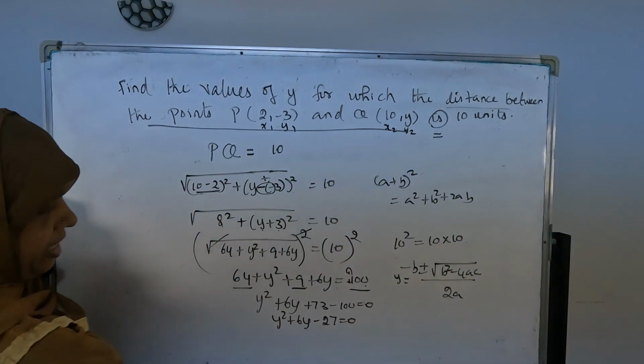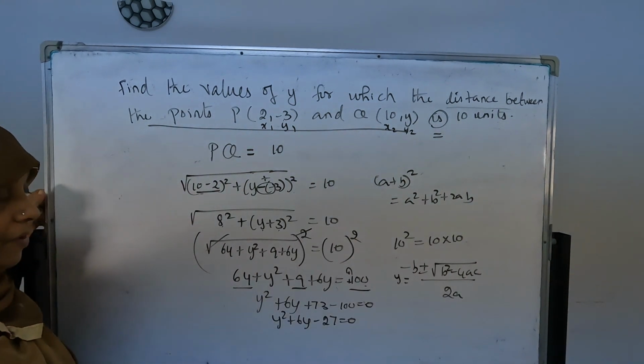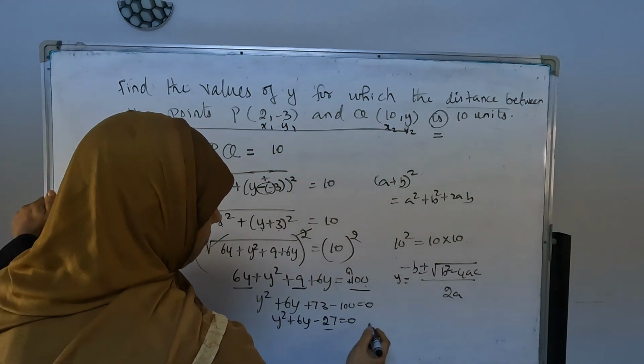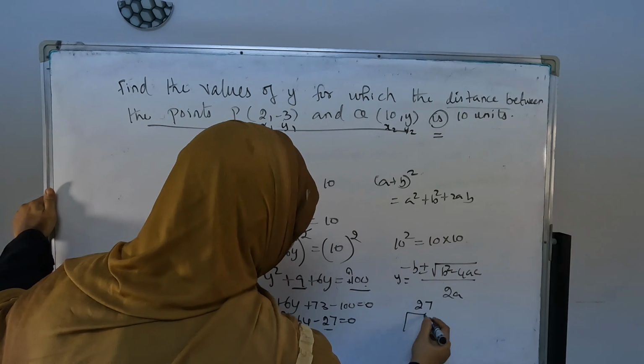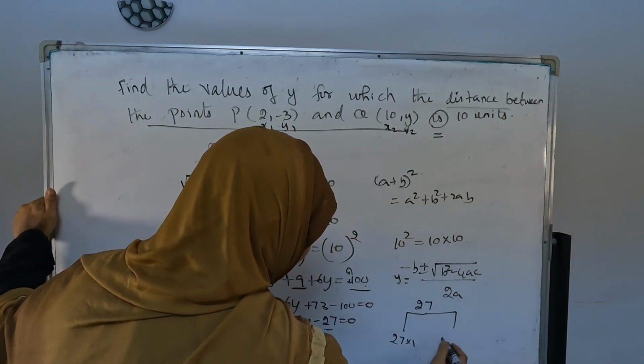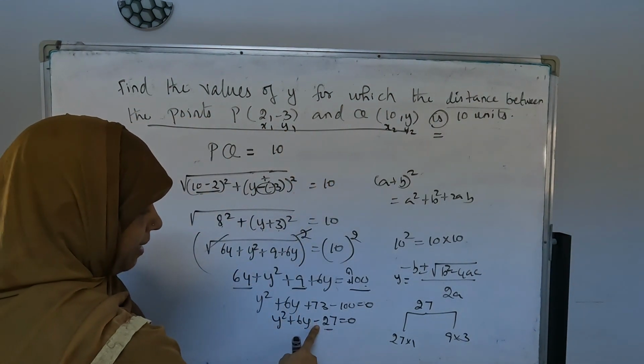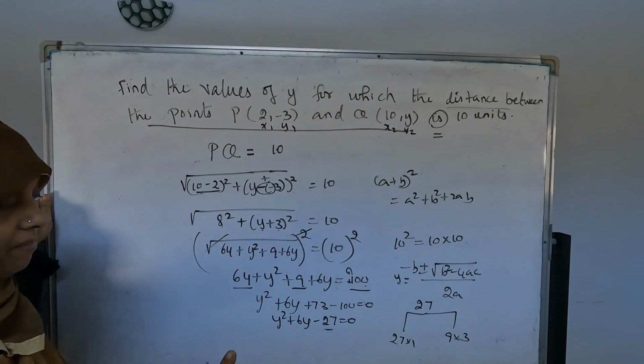Now where will 27 come from? You can use the formula or splitting the middle term. I am going to use splitting the middle term. 27 comes from 9 threes are 27. And since the last term is minus, one of the numbers is in minus.